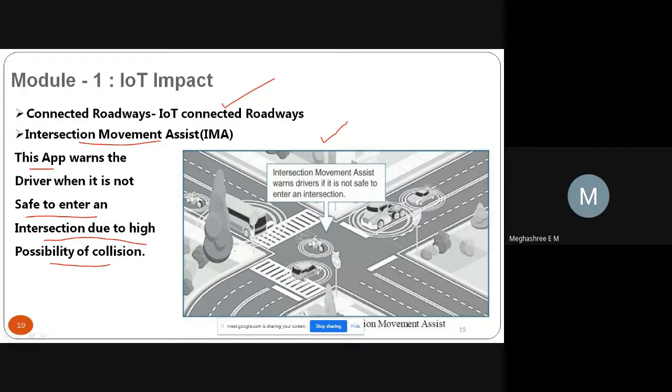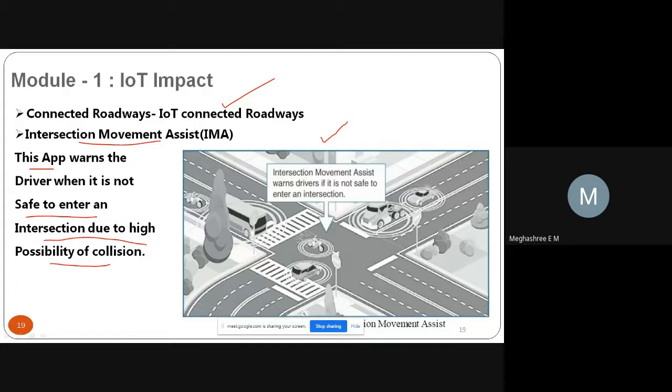Okay. So if you look at this diagram, there is a flow of vehicles from this direction and this direction. The Intersection Movement Assist app is incorporated in the vehicles.